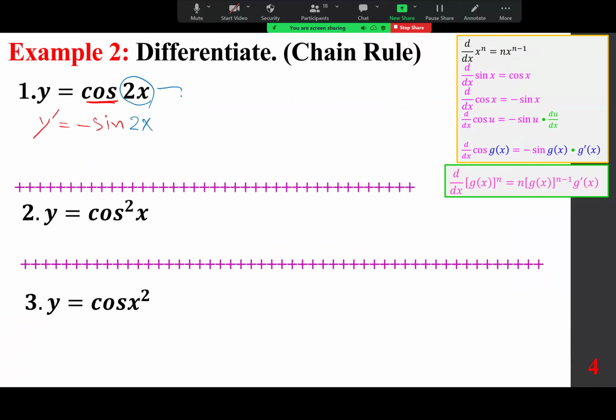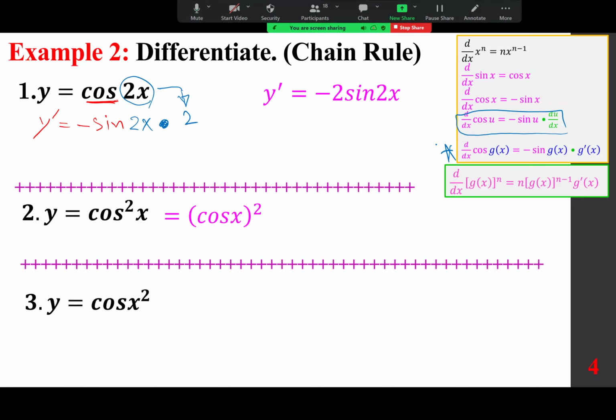So you have to use the same argument. And now by the chain rule times 2, the answer is negative 2 sine 2x. Or you can use this formula. d dx of cosine u is negative sine u du dx. Or this formula. d dx of cosine of g of x is minus sine g of x, g prime of x.